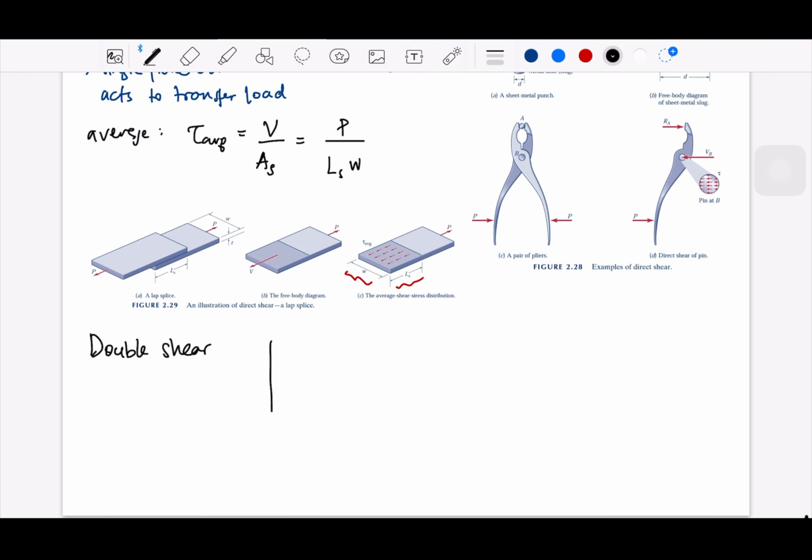One is just the original, like this, so you have bolts and nuts. And the other one is we have this.